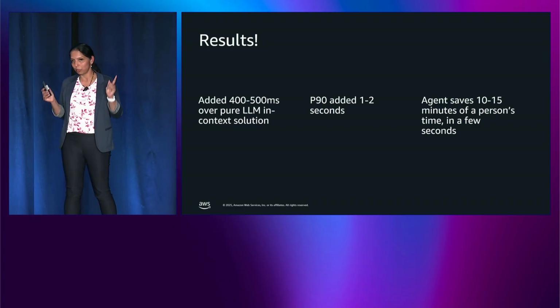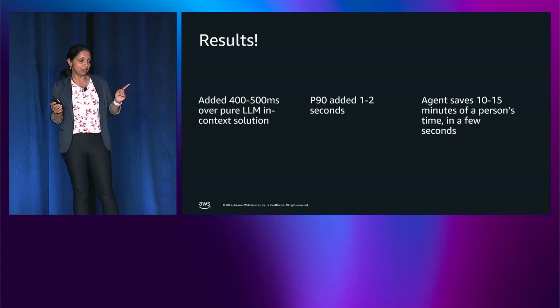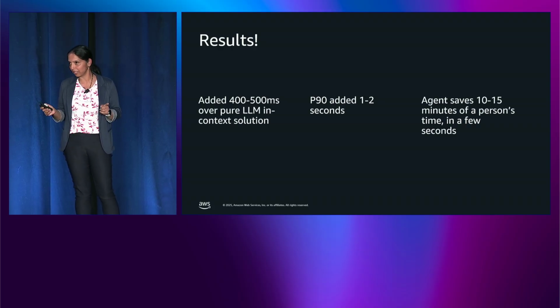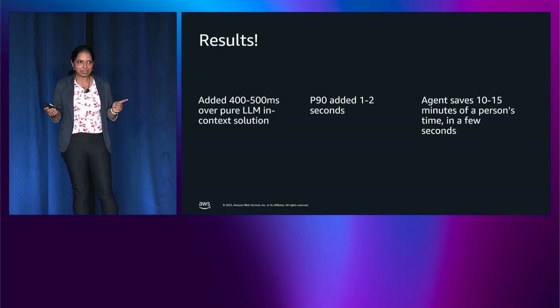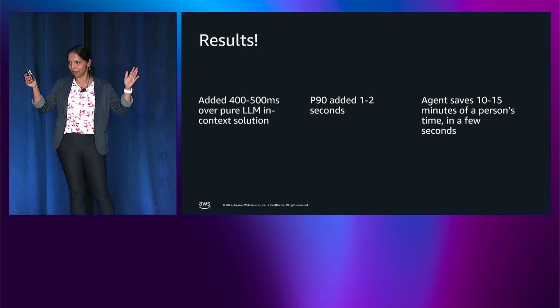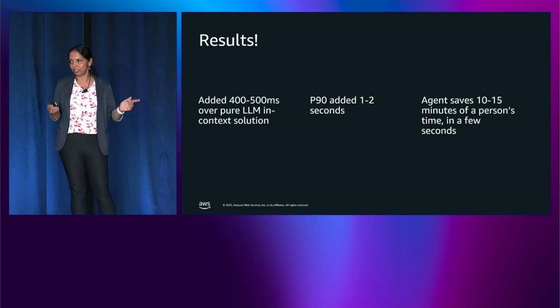But what we gained is the token size reduced significantly. When we have these large payloads, we are seeing up to a 50% reduction in the tokens that we end up sending, and that's significantly reducing the cost for us.